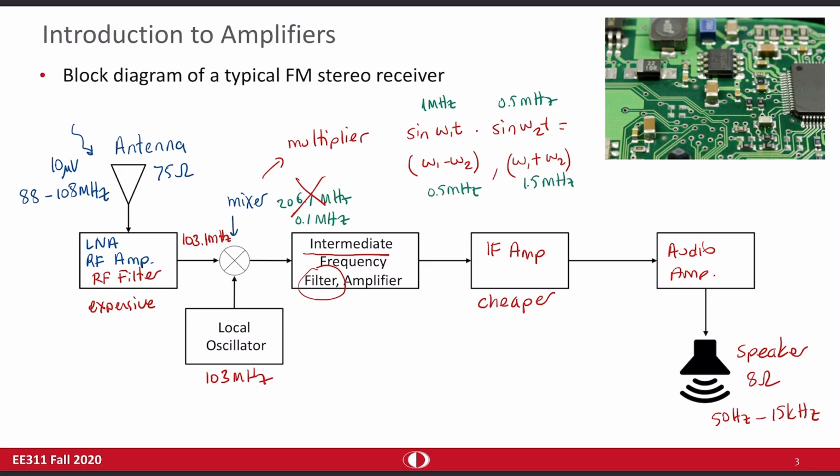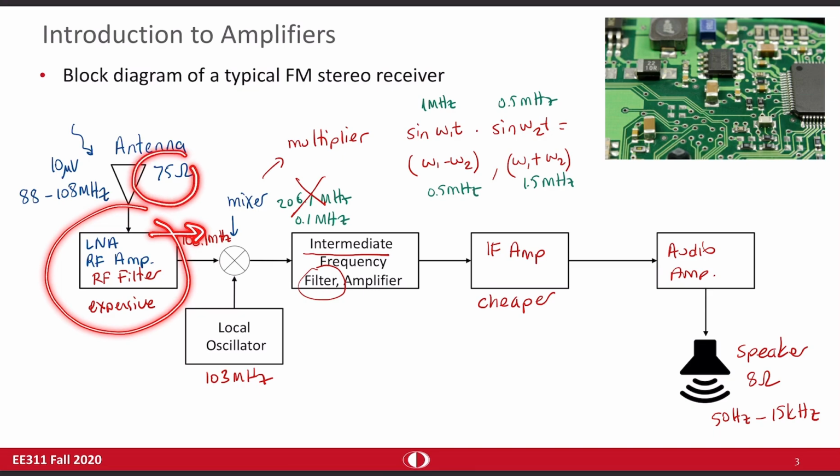This is a very simplified block diagram, of course, and we need to add much more components in here. But I just want to explain that even in such a simple system, we need to use 3 different types of amplifier. One, the RF amplifier operating at high frequency, driving a low input resistance load.